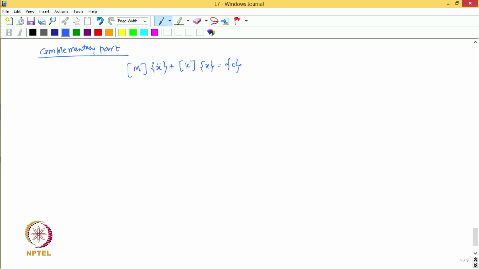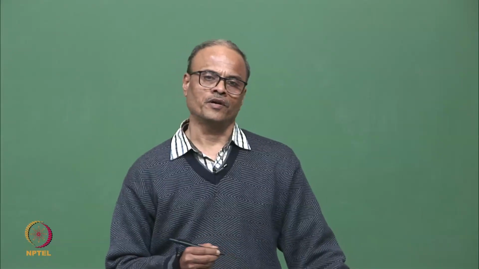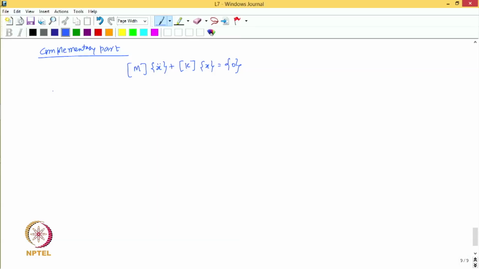And already we have obtained a general solution of this homogeneous equation in the previous lecture. So, we can combine that with the steady state solution to obtain the total solution. So, the complete solution, which consists of the complementary part and the particular part, can be written as, so x c would be now a linear combination of the free vibration solution, which consists of the linear combination of vibration in various modes.